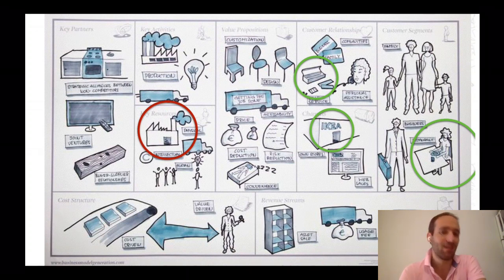In the case of IKEA, for example, what is the difference between an IKEA shop and a furniture shop in 1970? The difference is to take one of the elements of the cost structure of the furniture shop, which is assembling furniture, which is what furniture shops do.